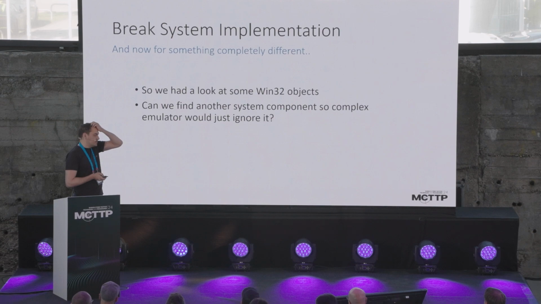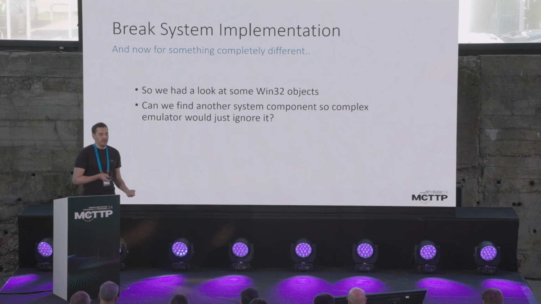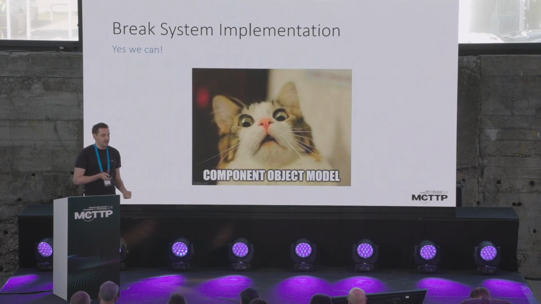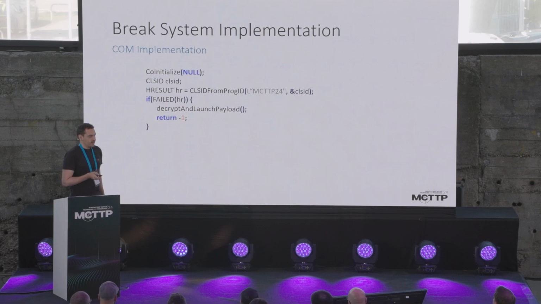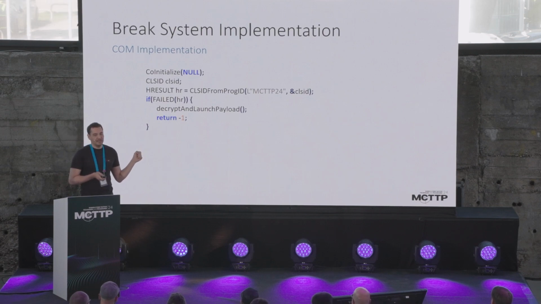Now, we had a look at a Win32 component. What other component can we look at which is very complex in Windows? Well, you have COM. I don't know if some of you have worked with COM, you know that it's awfully complex. But in fact, it's quite simple to write a routine that bypasses most emulators. Here I'm just looking for an invalid ProgID and trying to find the UUID corresponding to this ID.